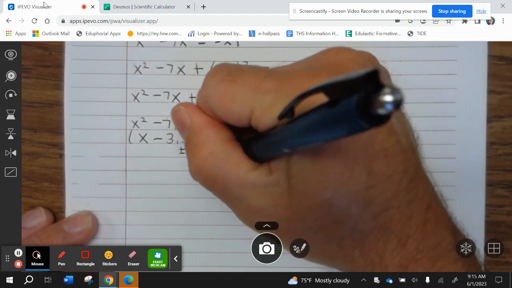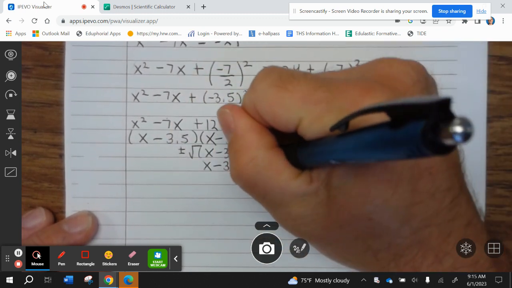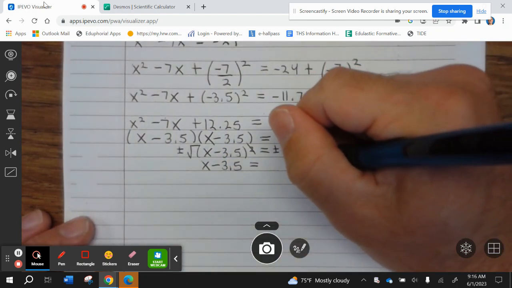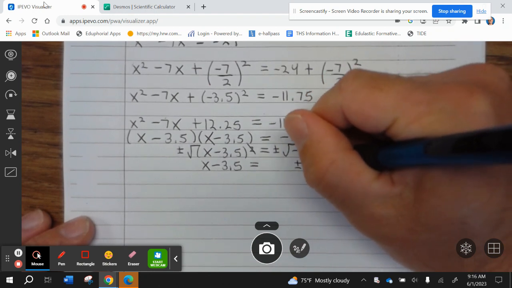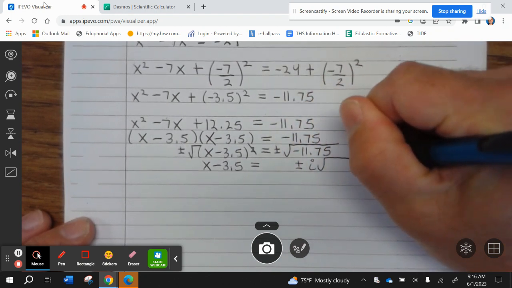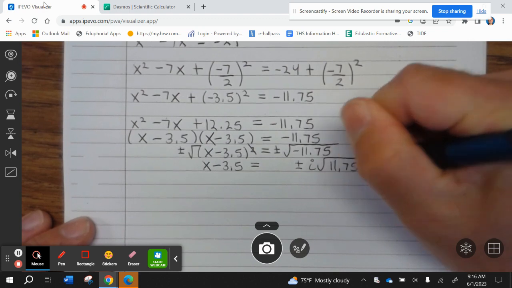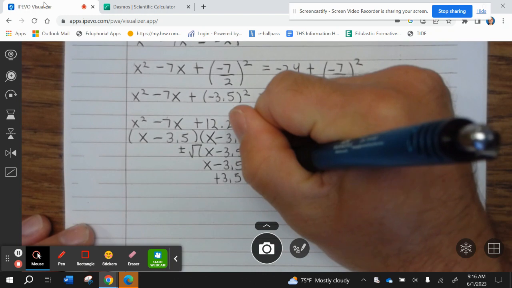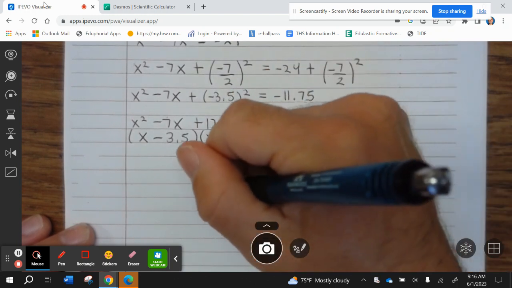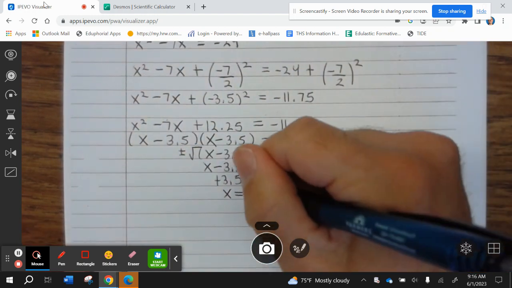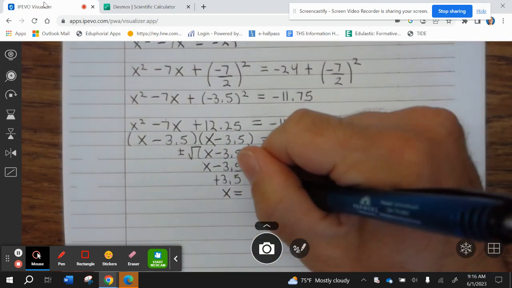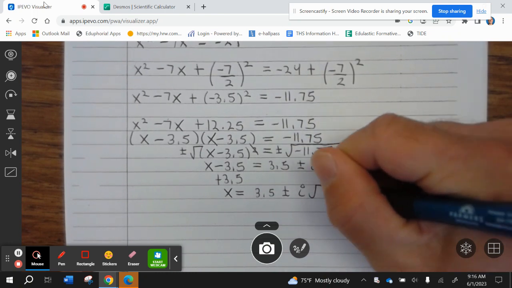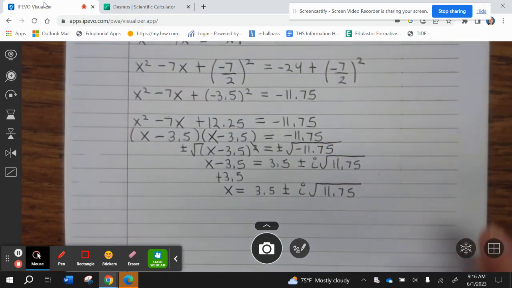Cancel to get x minus 3.5 equals, now the square root of a negative number is i, so that's plus or minus i square root of 11.75. We can add 3.5 to both sides. So x equals 3.5 plus or minus i square root of 11.75.